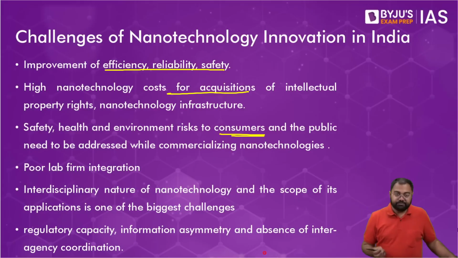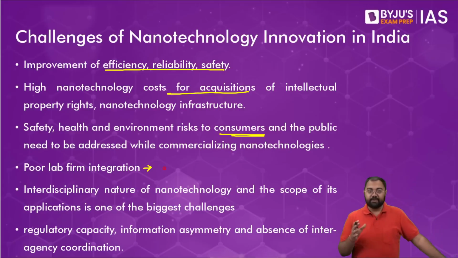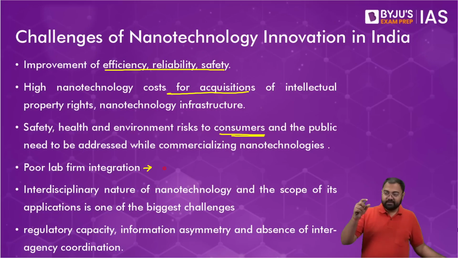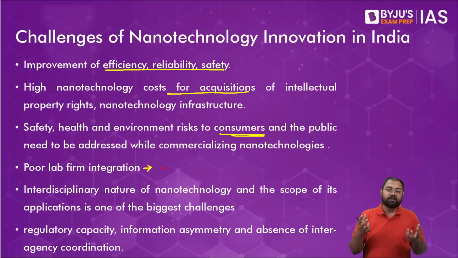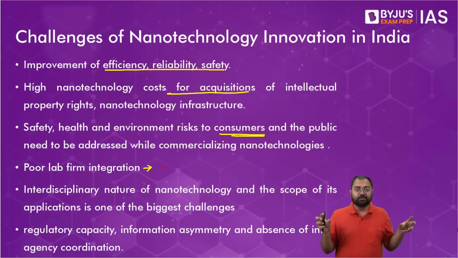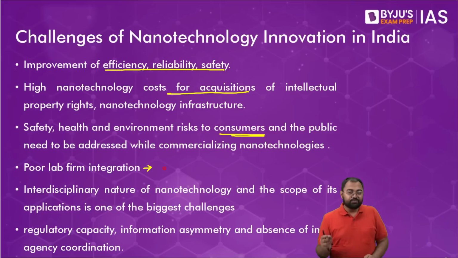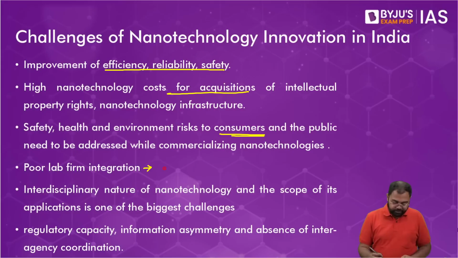Then poor lab-firm integration. Lab-firm integration mainly means that there's a gap between the research that is happening and the industrial requirements. Although it was a part of nano mission, we still see that they are not working in tandem as they should. They still are working as two separate entities. So that also is something we need to address for better advancement in nanotechnology in India.